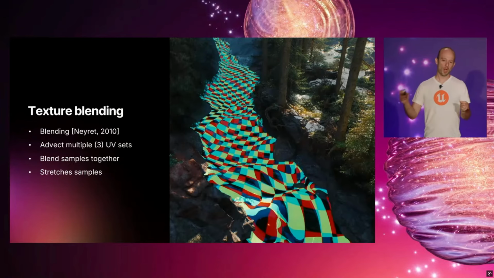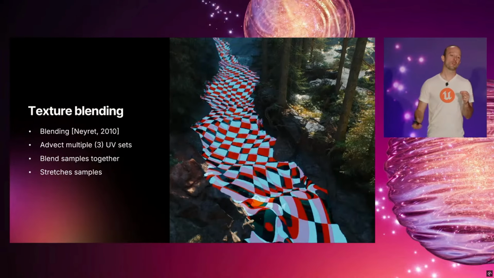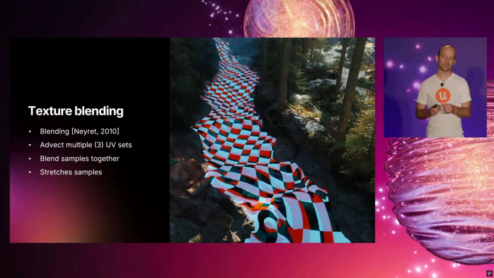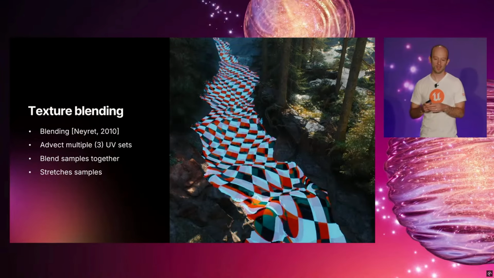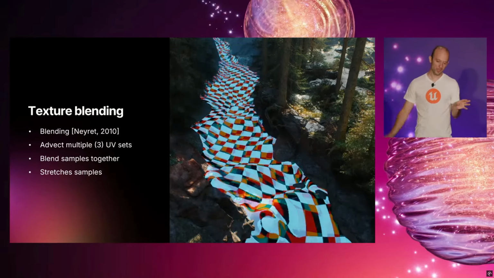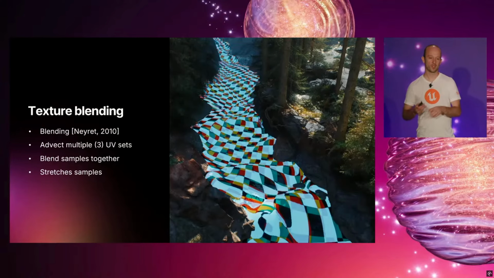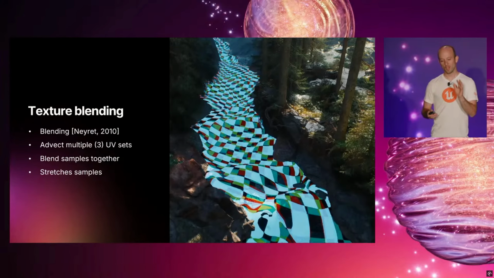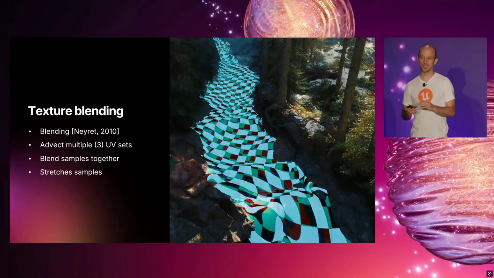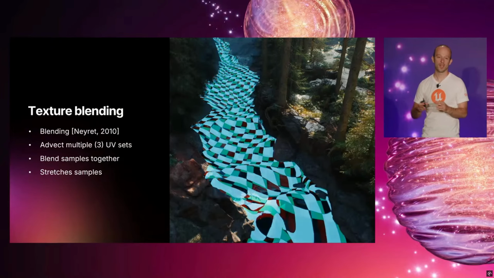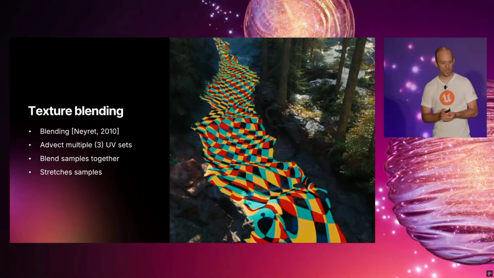And you don't notice a pop in it resetting because you have another one that picks up. So you're constantly recycling these sets of UVs in order to make sure that you don't get any stretching. But you do end up still getting stretching. There's no way to get rid of the stretching completely using this unless you do other additions that are more expensive. So you end up getting stretching, but it's far minimized compared to just doing naive texture advection through this fluid velocity field.